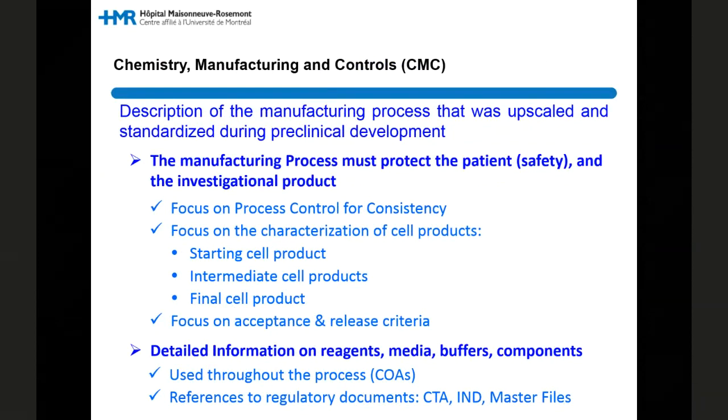When it is not, you must have detailed information on your reagents, your media, your buffers, and your components, and have certificates of analysis, like the COAs that we always refer to. The certificate of analysis ensures that you have the right product with the right qualifications, and you must be able to provide references of that product to the regulatory authorities, and this must be part of your clinical trial application.